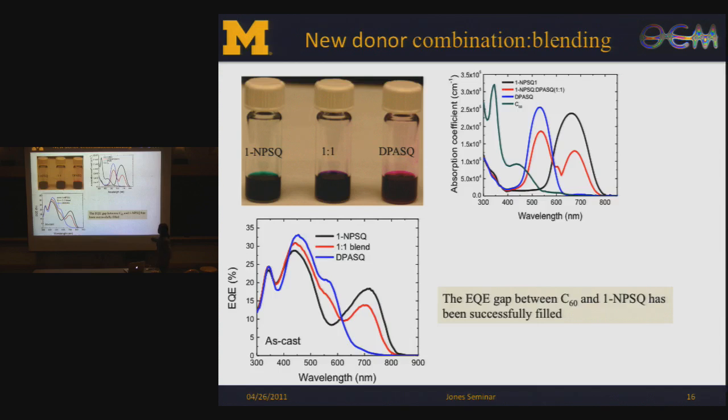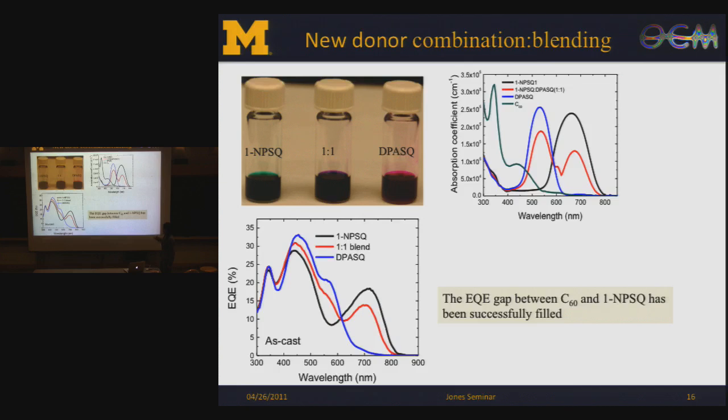Actually, we can see DPASQ fills the gap between the C60 absorption and the 1MPSQ absorption. So we do have one material available now that can fill the gap between the absorption of C60 and absorption of the 1MPSQ.